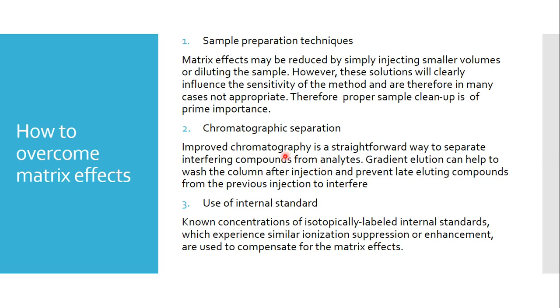So here you can use gradient elution, which can help to wash the column after injection and prevent late eluting compounds from the previous injection from reaching the interface, so that they would not interfere. Then use of internal standard. Here you can make use of an isotopically labeled internal standard which experiences similar ion suppression or enhancement, and thus they can be used to compensate for the matrix effect.